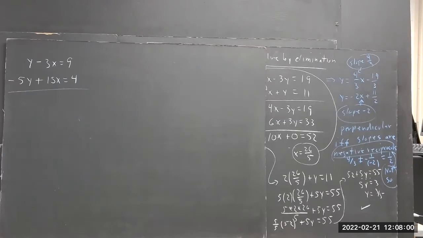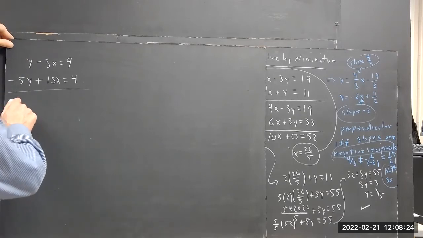Okay, this is kind of important. If I work through this system by elimination, if I multiply the first equation by 5, I get a 5y, which would add to the negative 5y and give me 0, meaning I'd eliminate y.